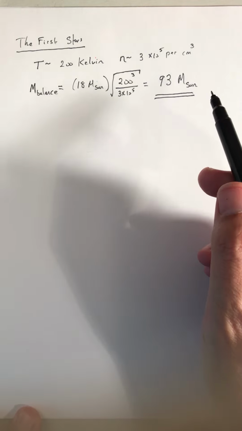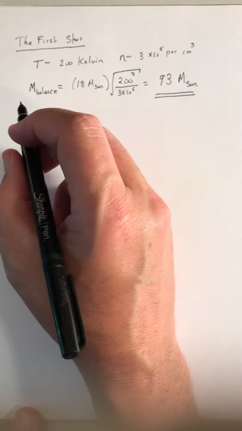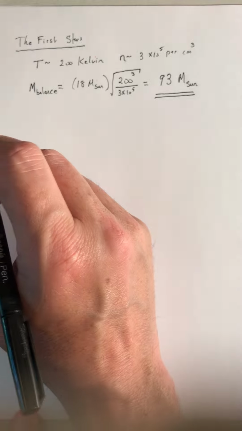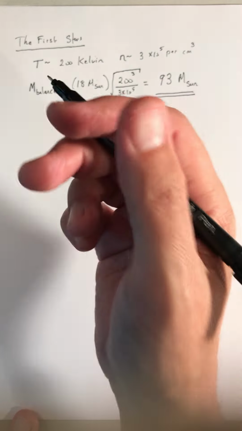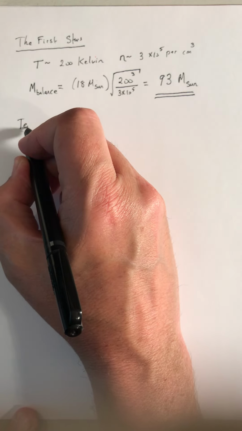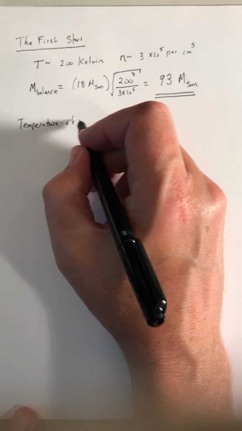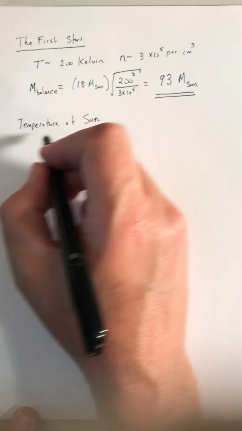Right, and then the last example, I'm going to take our expression for the mass that's in balance and apply it to the sun, because the sun is in hydrostatic equilibrium. So what do we think should be the characteristic temperature of the sun?